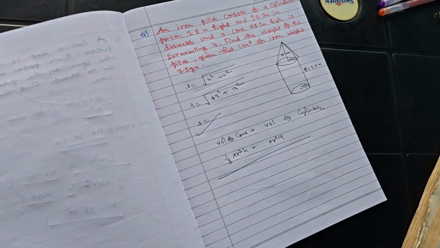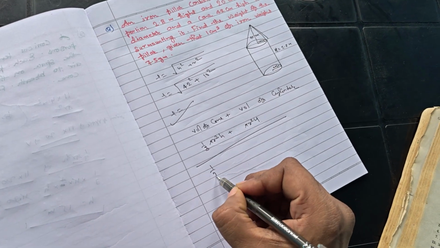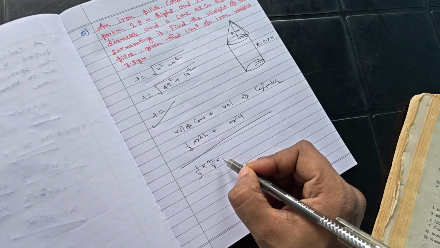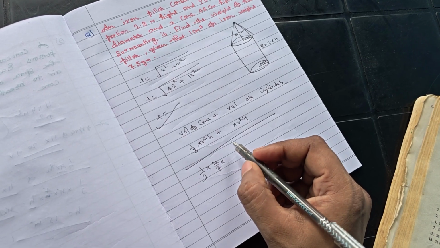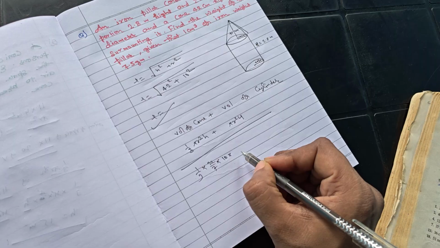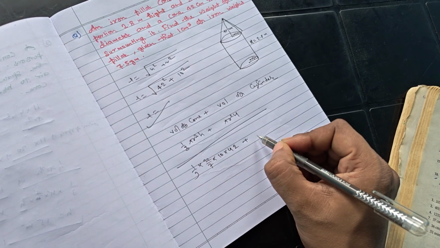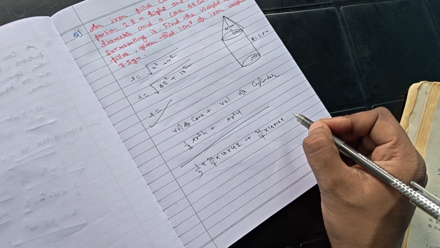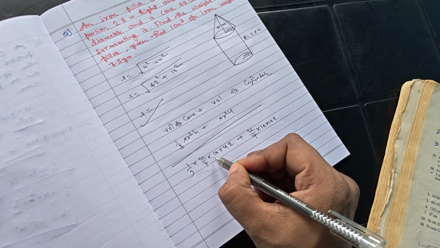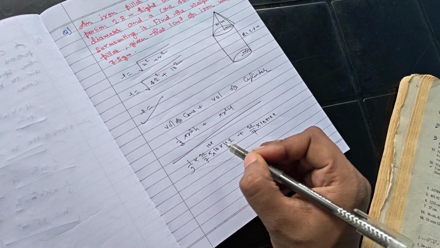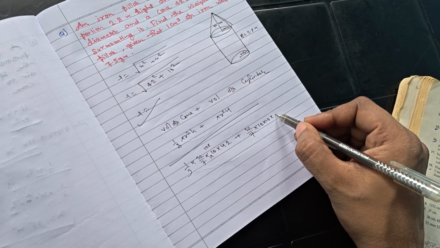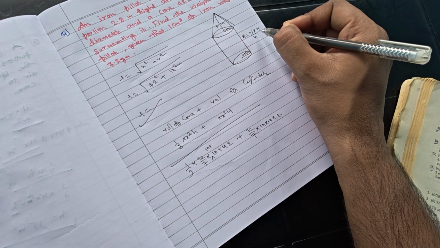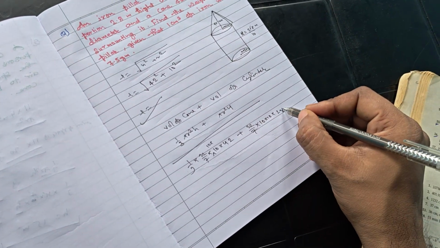We have the data: 22 upon 7, r is 10, and height is 42, plus 22 upon 7, r is 10, and height is 2.8, that means 280 centimeter.